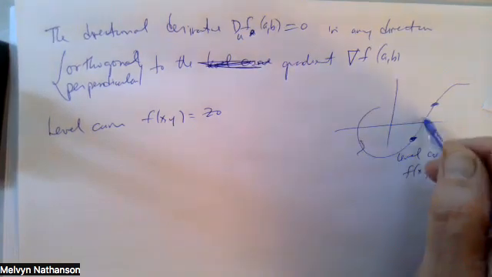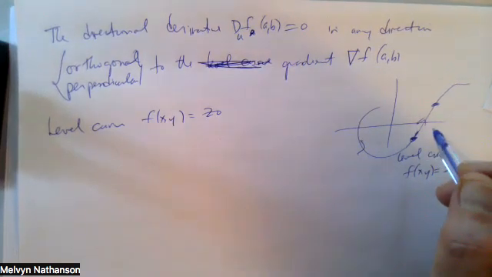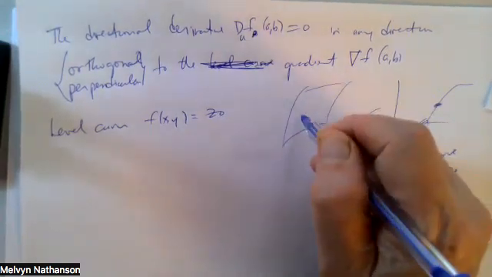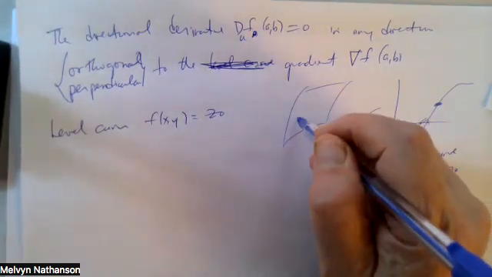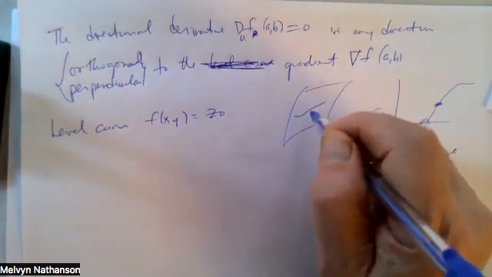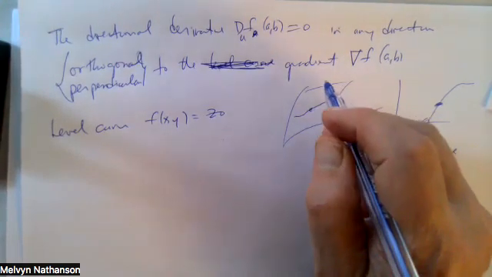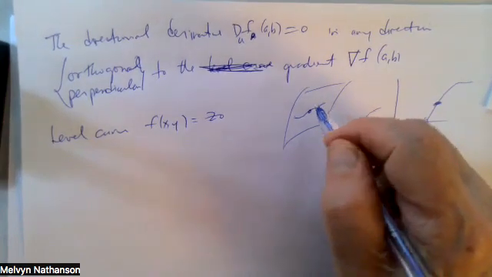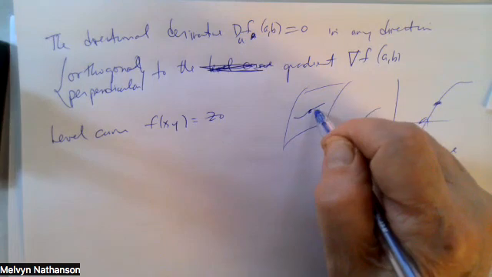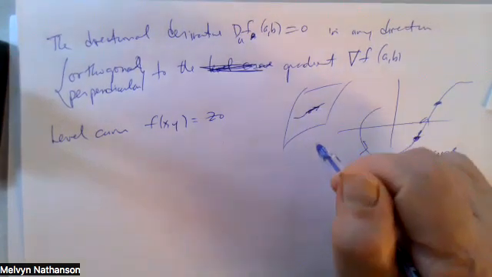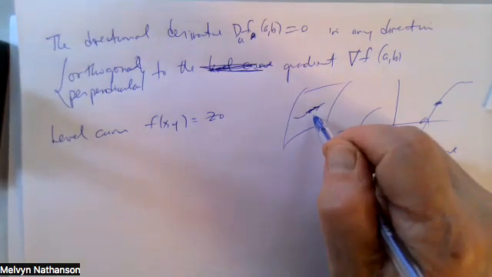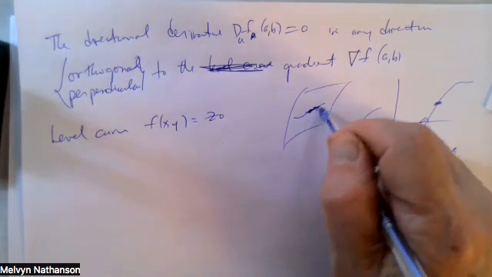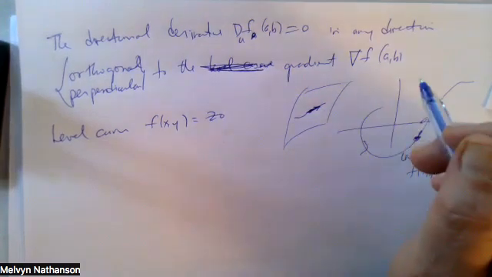As you move along this curve, the value of the function doesn't change. If you think of this as on your surface, on this level curve, somehow the function isn't increasing. So that suggests that if you take the directional derivative along the tangent to the curve at some point, the function is not changing, so this should be 0. Right?